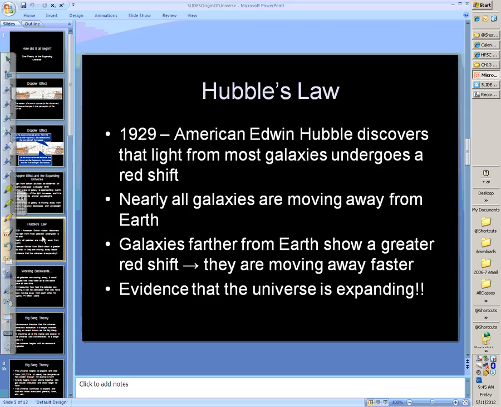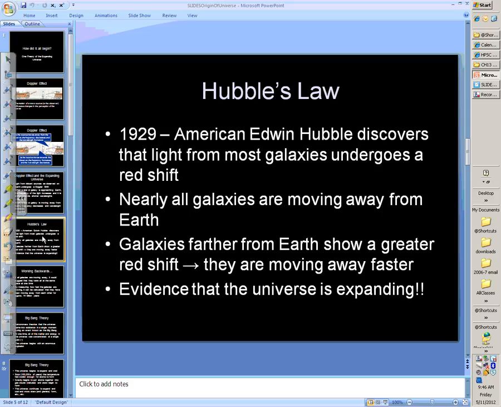Galaxies that are farther away from us are actually moving faster than the galaxies that are closer to us. So the farther away they are, the more they're expanding. That's Hubble's law. It tells what is happening. It's evidence that the universe is expanding, which I think is the last thing on the front page. Is that correct?